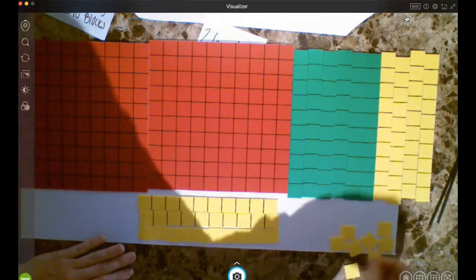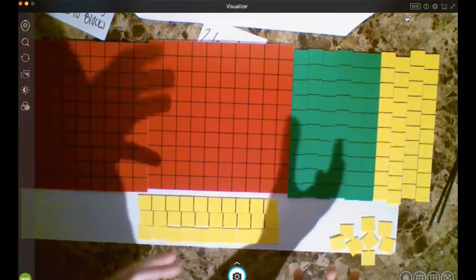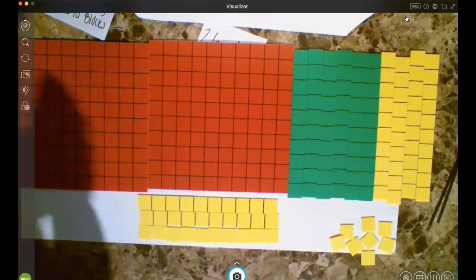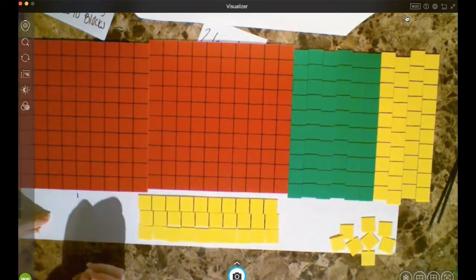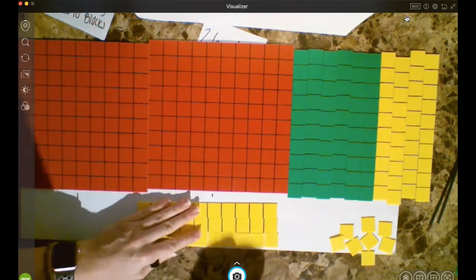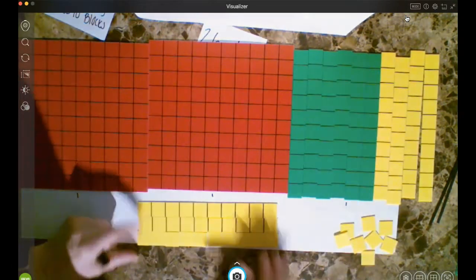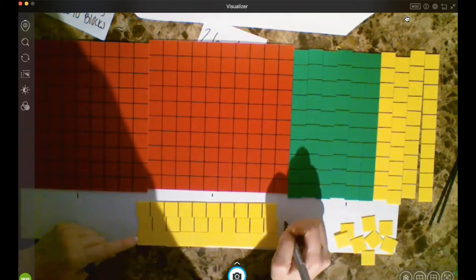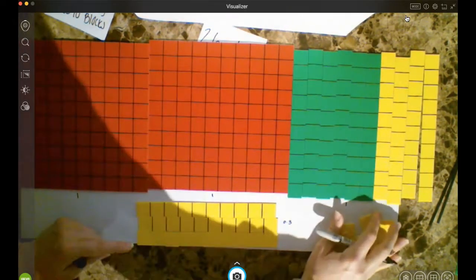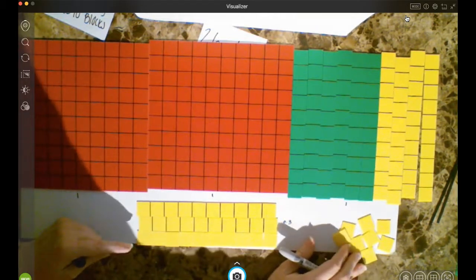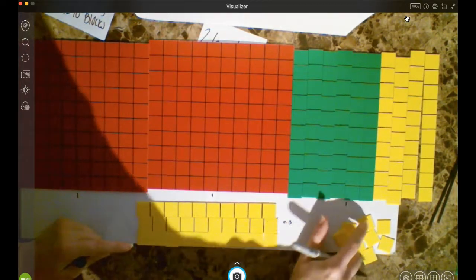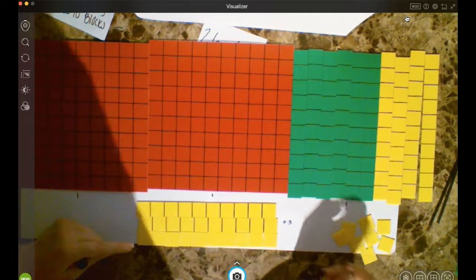So if I take a look at what I got now that I've combined everything, I have 1 whole plus 1 whole plus 1 whole. Remember, all of this makes up a whole. Then I have 3 tenths. And then remember, these represent thousandths. And how many of those do I have? 1, 2, 3, 4, 5, 6, 7, 8.